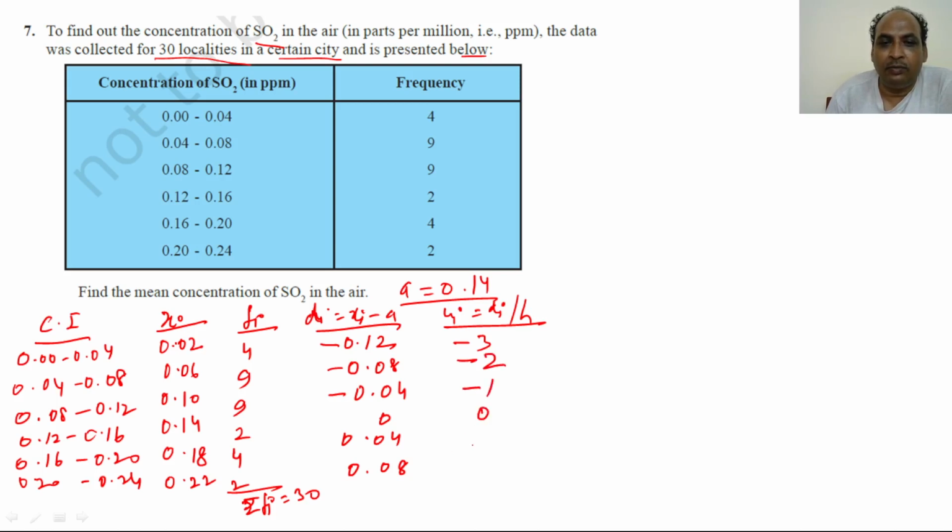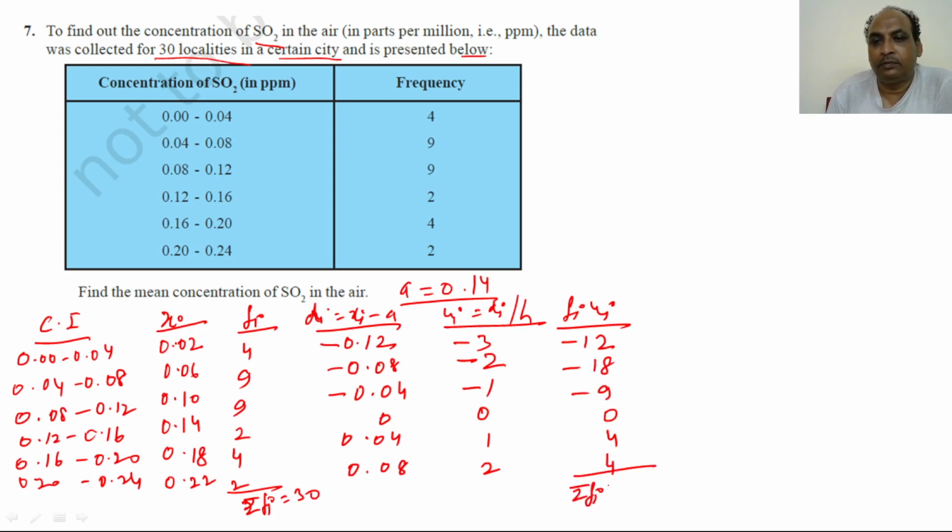Then 0, 1, and 2. Now fiui: 4 into minus 3 is minus 12, minus 18, minus 9, 0, 4, 4. Sigma fiui: 4 plus 4 is 8, and solving with minus 9 it becomes minus 1. So minus 18 and minus 12 is minus 30, and minus 31. Minus 31.